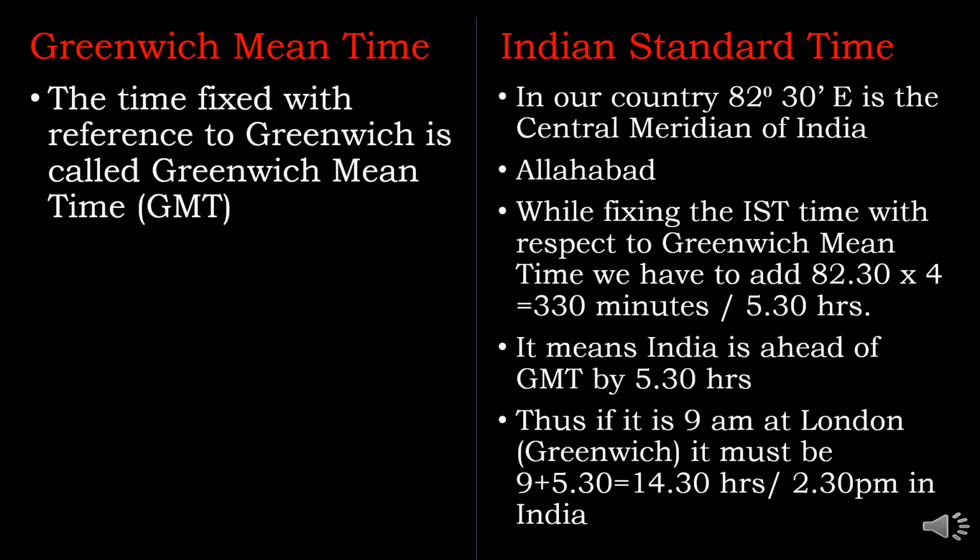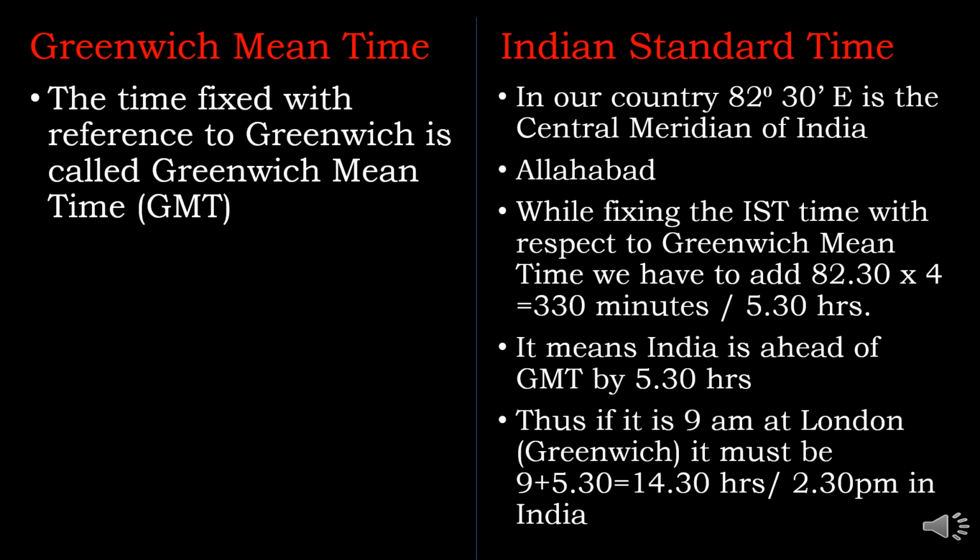Indian Standard Time. In our country, 82.5 degree or 82 degree 30 minutes east is the central meridian. It passes through a place near Allahabad. It is known as the standard meridian of India.